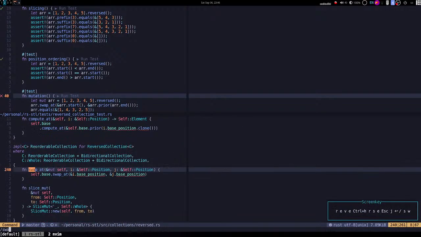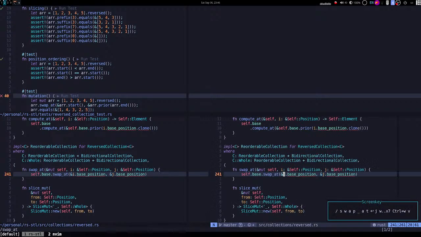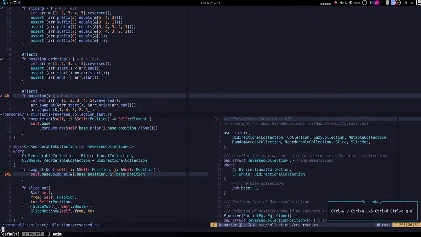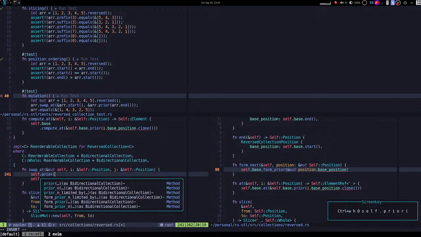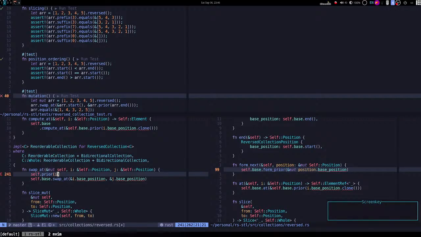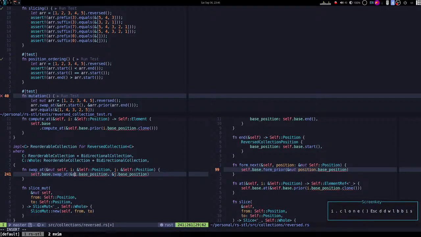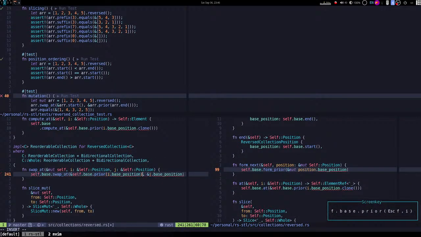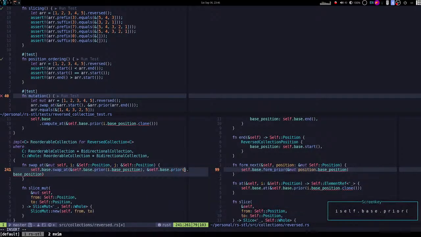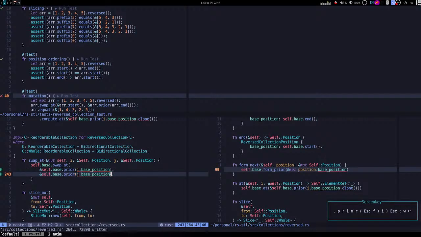Collection reversed RS swap at, and what you do is swap before the prior positions, right?